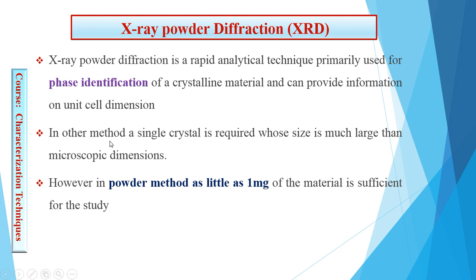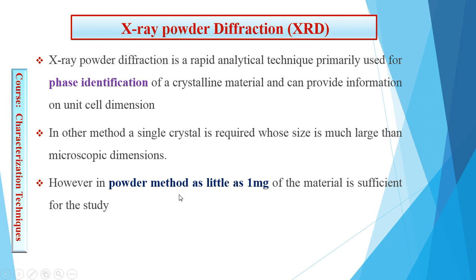In other words, this is the lack of information from the other methods: they are restricted to the single crystal, and it requires a size much larger than microscopic dimensions. So the size of the crystal should be large compared to the size which we use in X-ray powder diffraction.